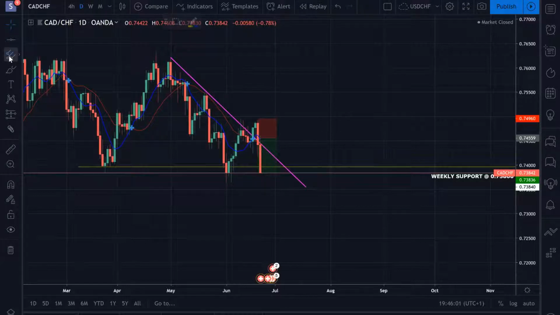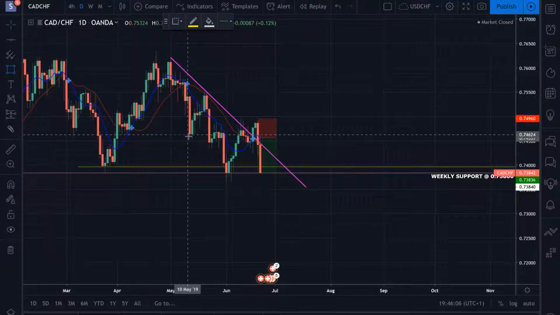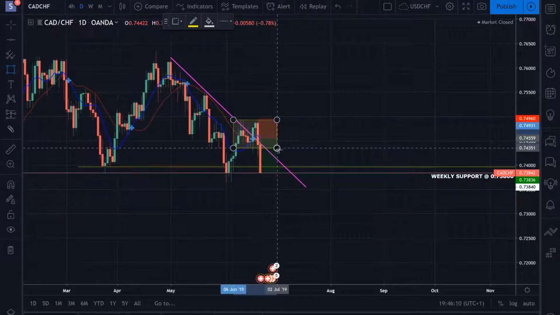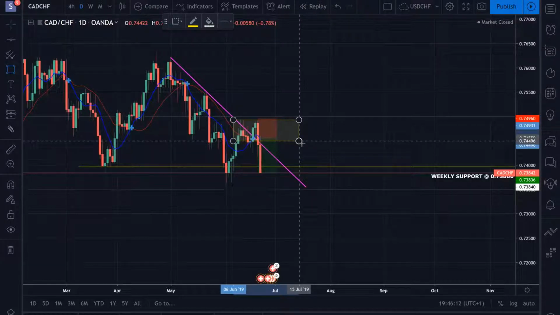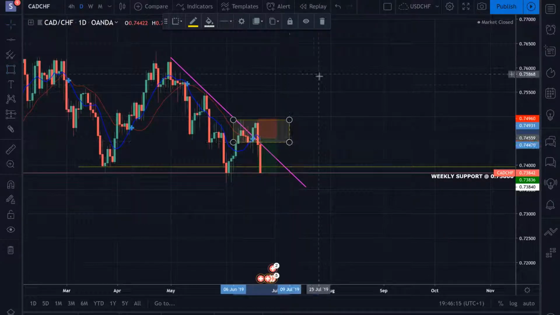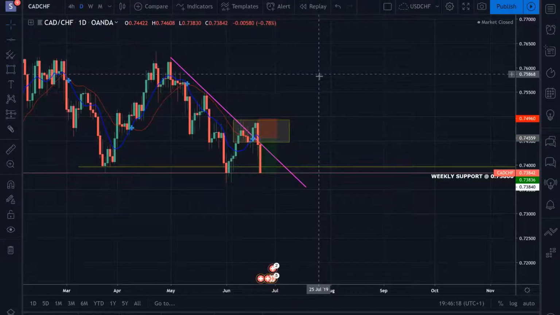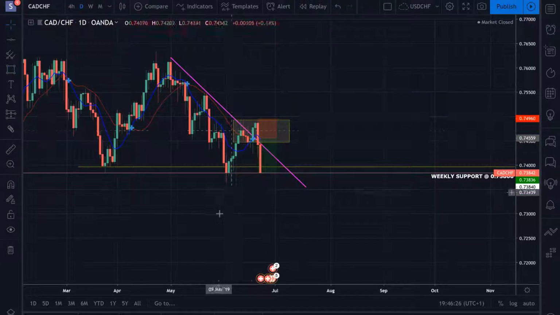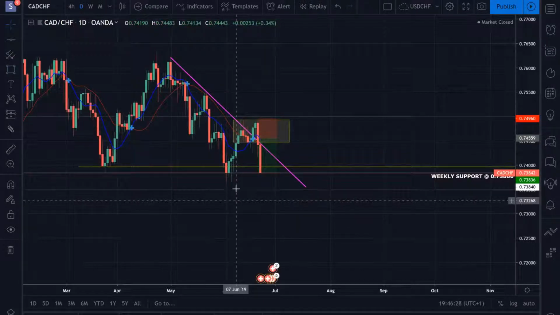What he meant by this was, if I just get my rectangle tool and highlight the area of consolidation that took place 2 weeks ago. Like Travis said, we could in fact see some consolidation, which we did see in the market.